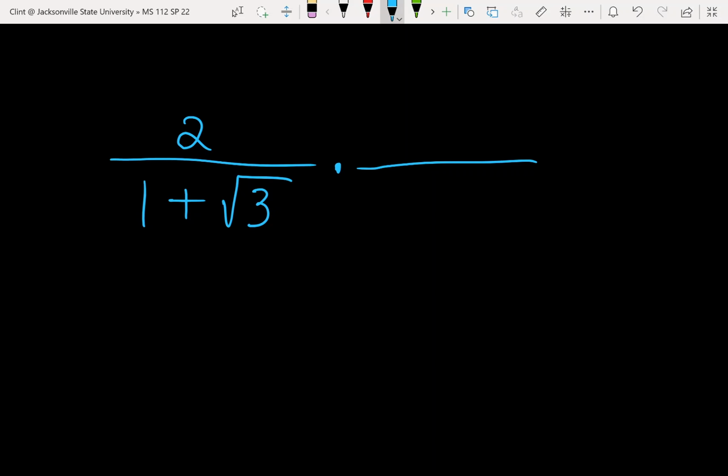If we didn't have the 1 plus, it would just be square root of 3 over square root of 3. The 1 plus throws us a little bit of a curve. So the change we have to make, instead of just multiplying by the denominator, we got to multiply by 1 minus square root of 3 over 1 minus square root of 3. So we change the sign in between the 2 terms.